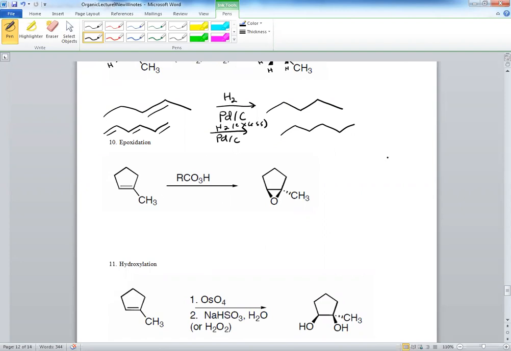Epoxidation is you're making an epoxide. An epoxide is kind of like a cyclopropane ring, except you have an oxygen right there. So this is called an epoxide. What you have here is you have this reagent, and this is an R group. So I'll give you an example of that.